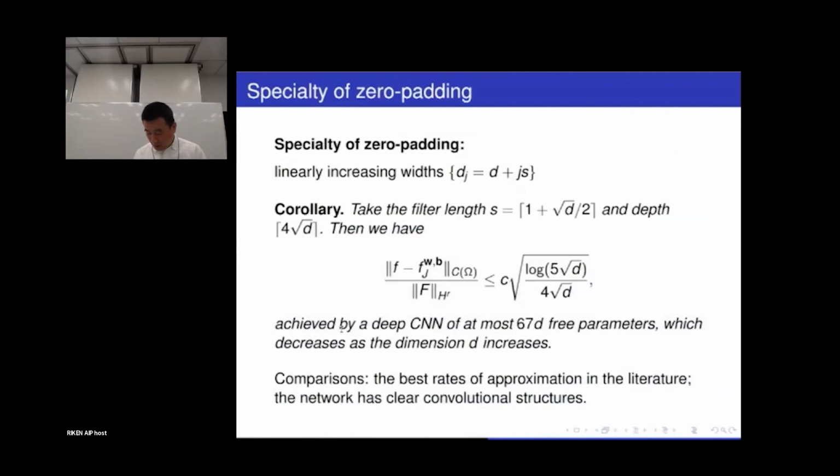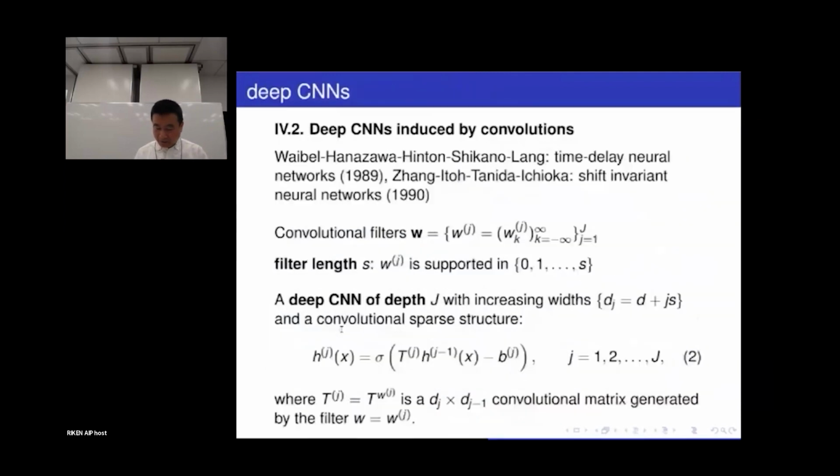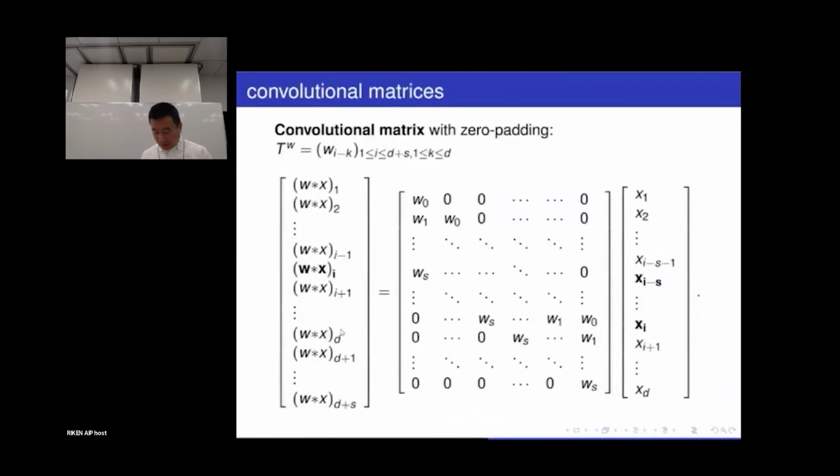Zero padding means that for this matrix, if you look at the middle entries, it's just a vector dot product with part of the input sequence, which is nice. But at the beginning or at the end, near the boundary, we take only one W0 dot with X1, because we assume that the entries outside are 0.